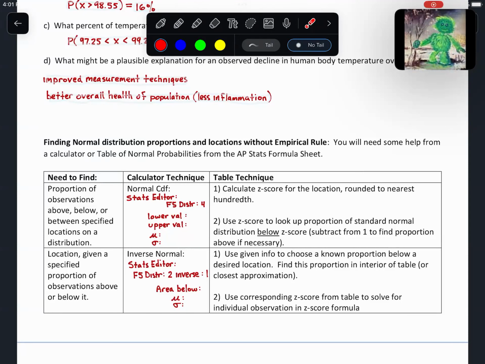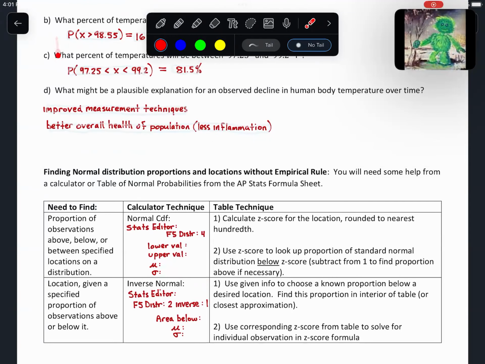Okay, so the chart at the bottom of this page is introducing you to some of the methodology here. First thing to notice is there's going to be two different varieties of questions that are commonly asked with normal distributions. The ones higher up on the page correspond to this first row.